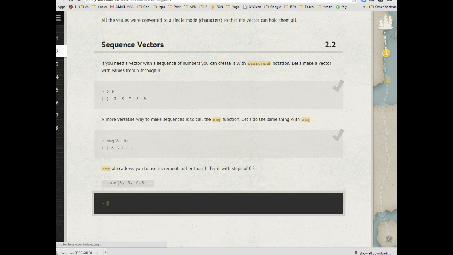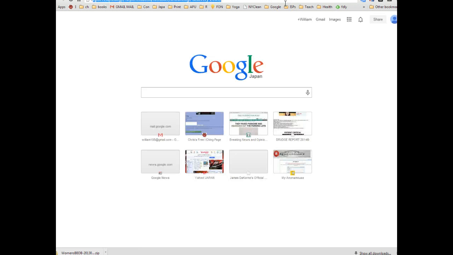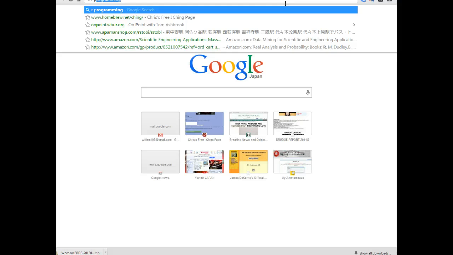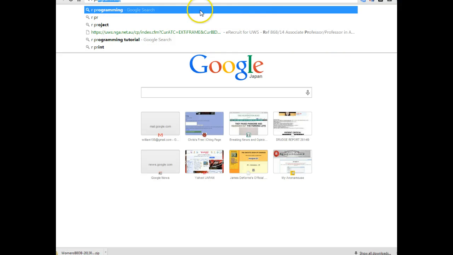Let's also, at the same time, open up R on our computer. Did anybody have any trouble downloading R onto your home computer? So remember, all you have to do is type in R programming. Sometimes just R itself will work.